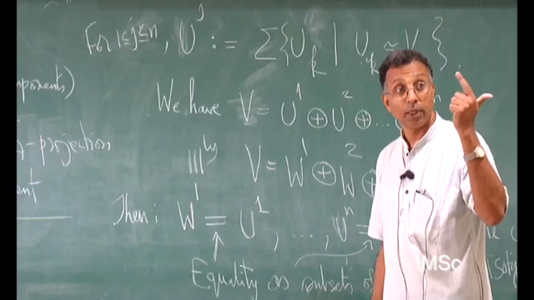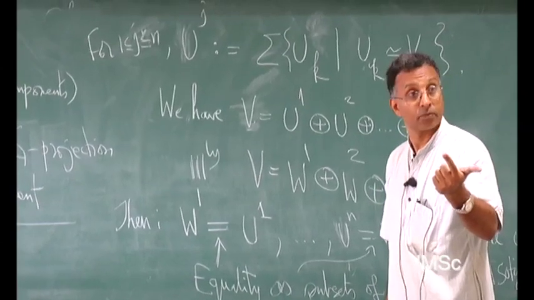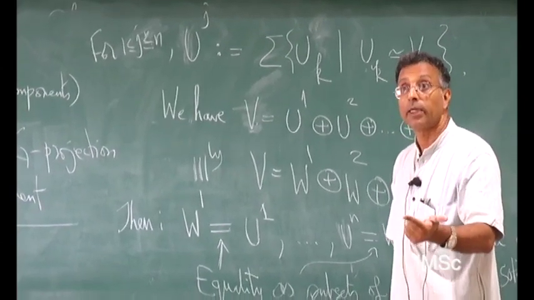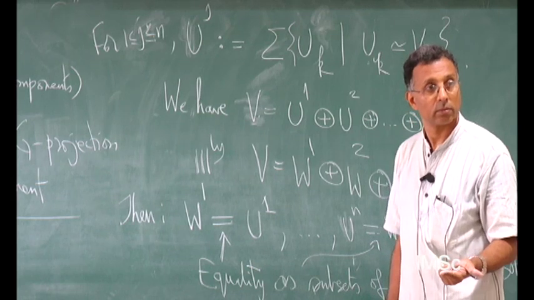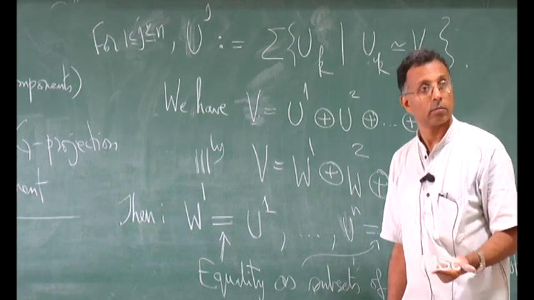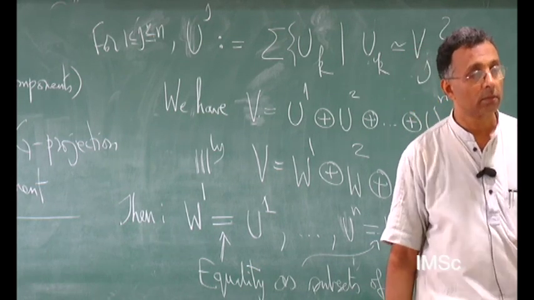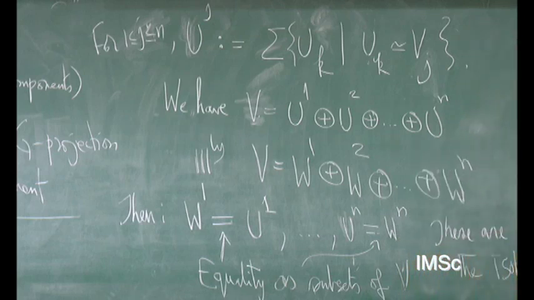Second, it must be a G morphism. Then it is unique. That is, you have G components. These U1, U2, up to UN are the G components of U. So you have a one-to-one correspondence between the G projection and the G component.